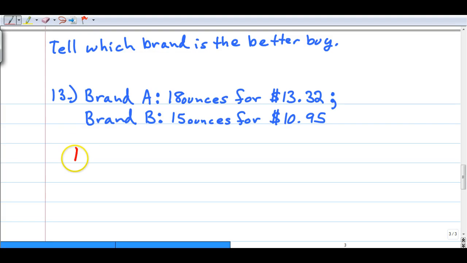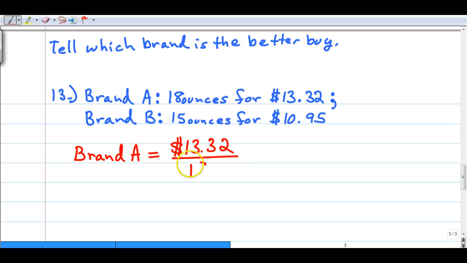So we're going to set up the formula brand A being equal to the cost, which is $13.32 divided by 18 ounces. We're going to divide the 18 into 13.32. This is going to tell us how much it costs per 1 ounce.